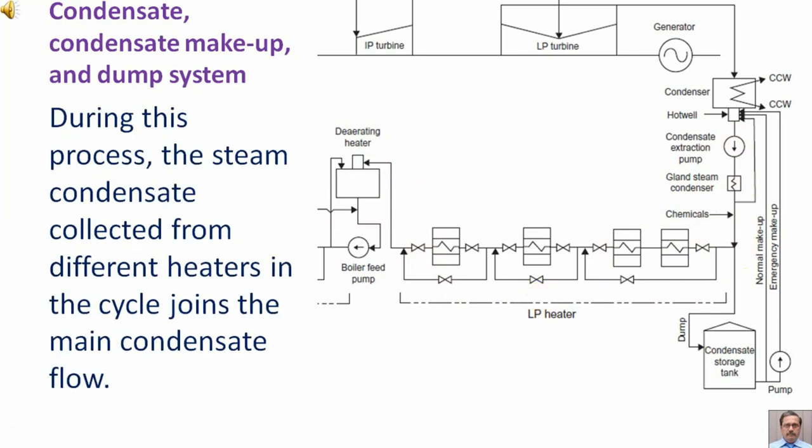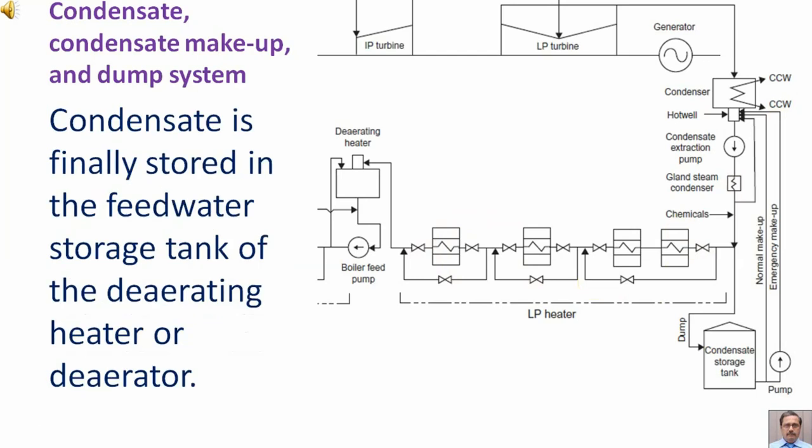During this process, the steam condensate collected from different heaters in the cycle joins the main condensate flow. Condensate is finally stored in the feed water storage tank of the deaerating heater or deaerator.